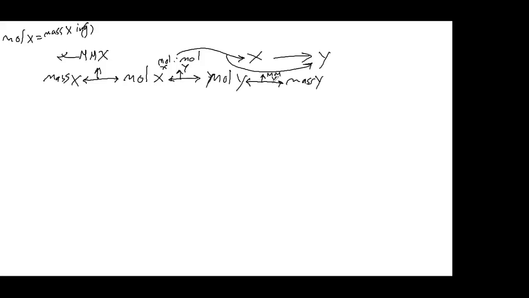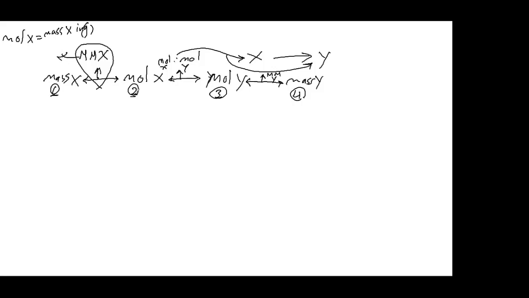So here, you have to know where you will start and where you have to end. Let's do this. Step 1. This is step 2, step 3, step 4. If they give you 1 and you need to go to 2, you will use the molar mass of X as a factor.